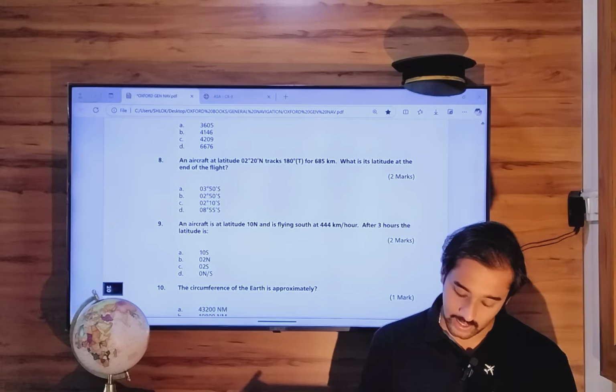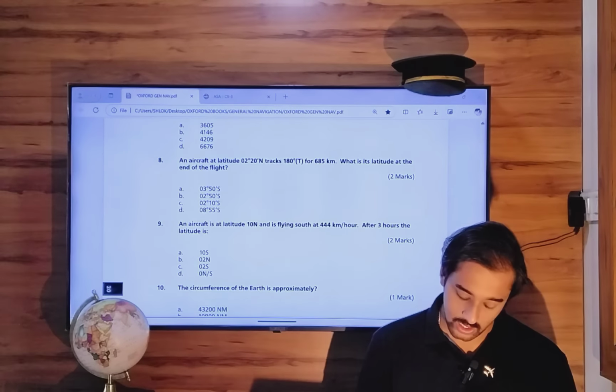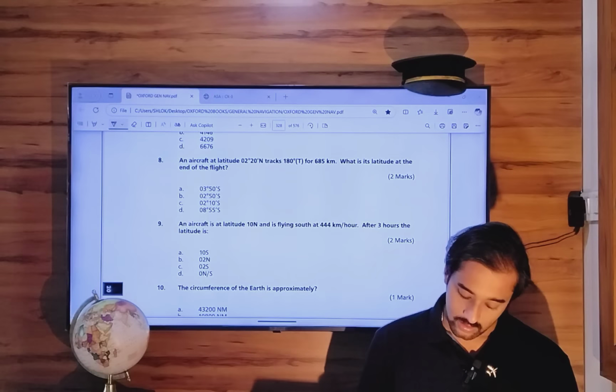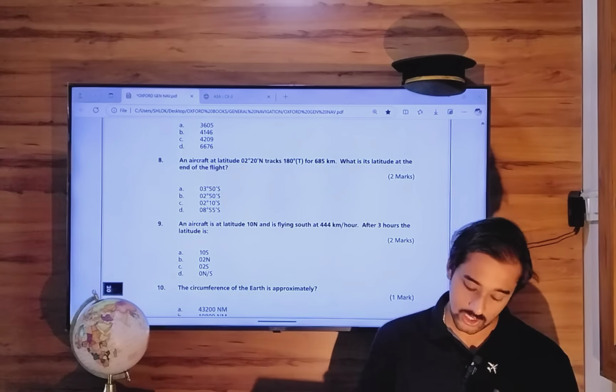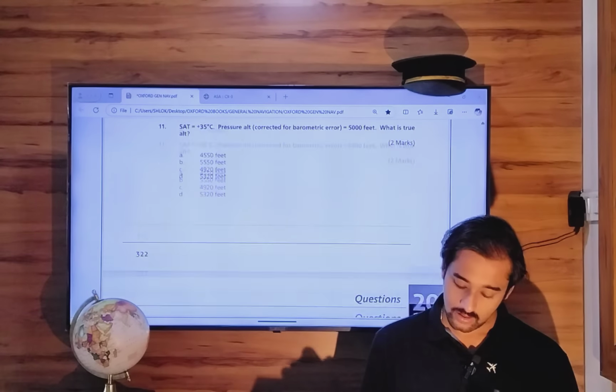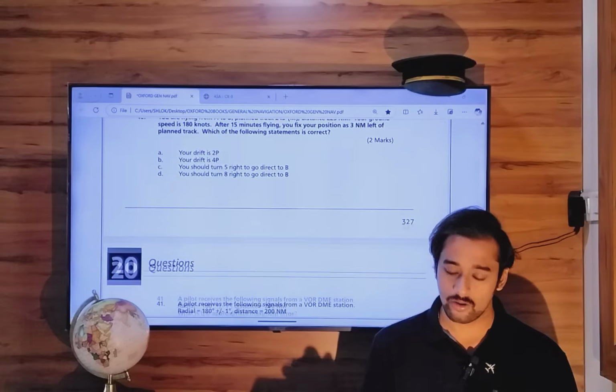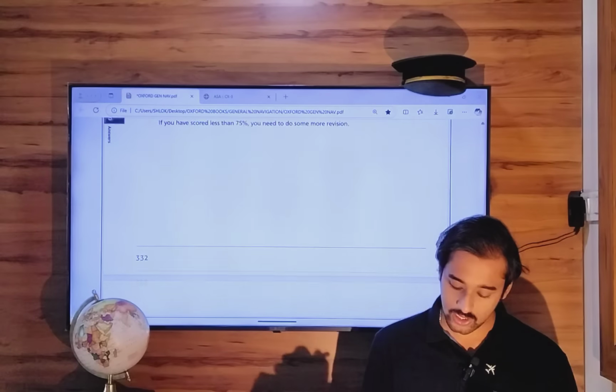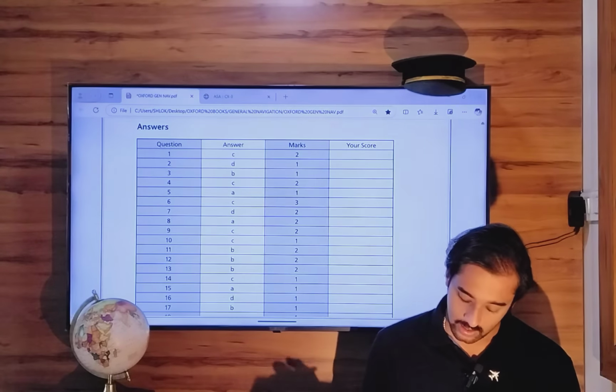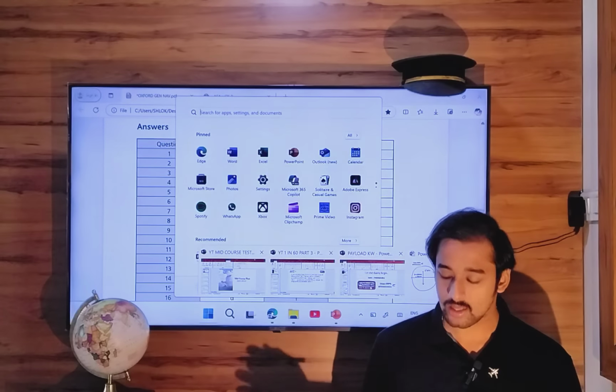So 3 degree 40 minutes south, option number A. Question 8, option number A. 3 degree 40 minutes I have found. You have to select the closest option, which is 3 degree 50 minutes in the question.